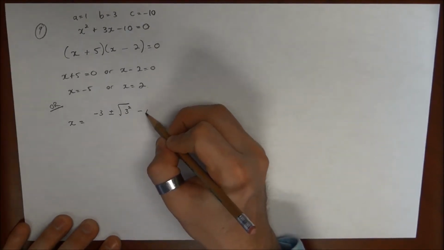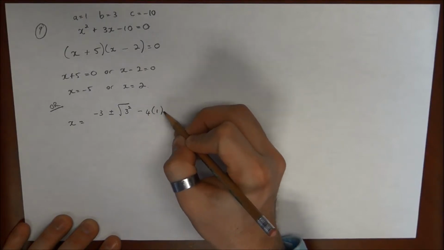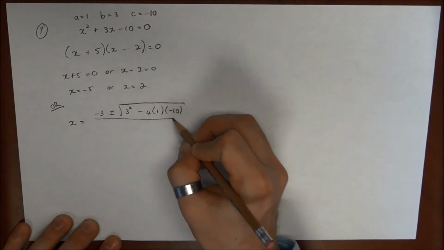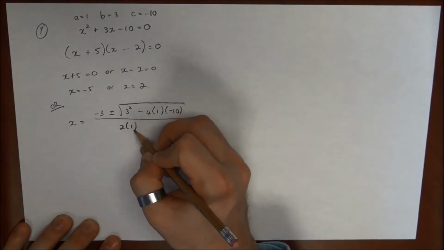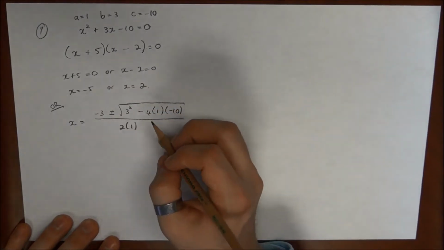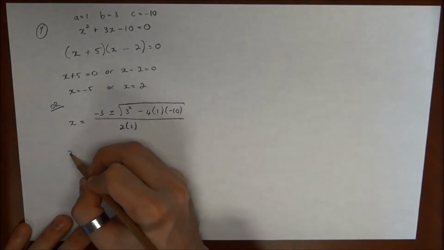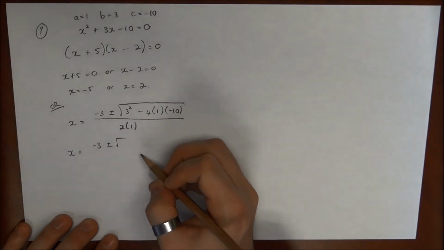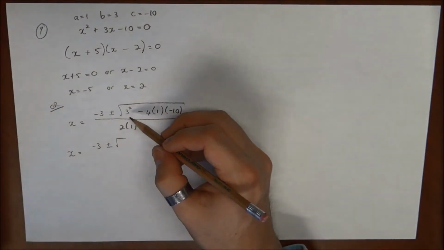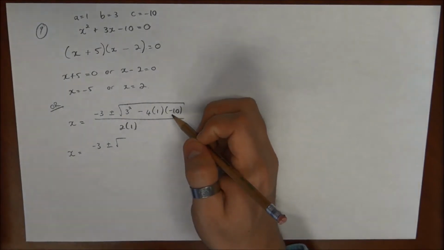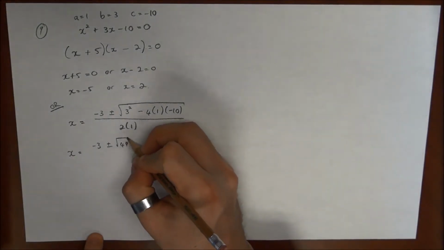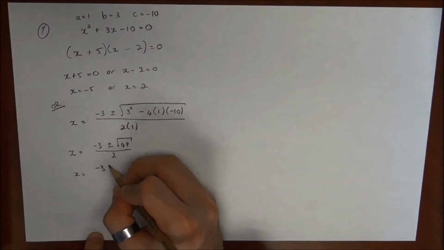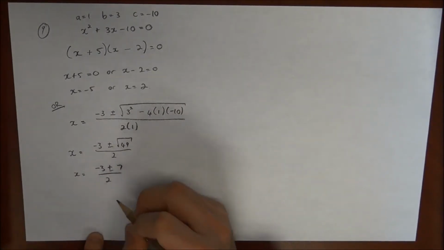So first I like to do the part inside the square root. So now I have 9 plus 40, so I have 49. So I have x equal to negative 3 plus or minus 7 over 2.